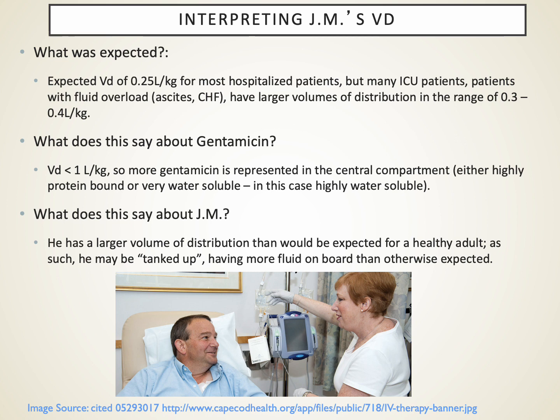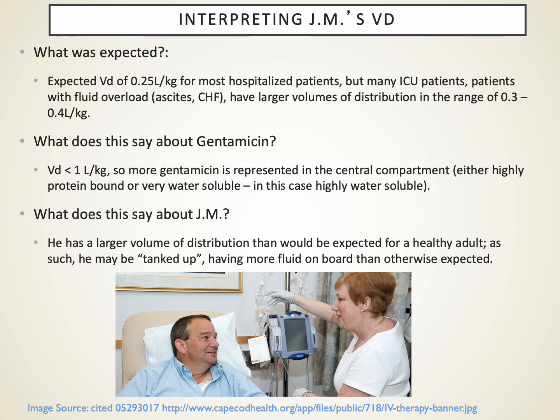Now, in practice, you don't really probably need to get to this level of detail, but it's important to recognize that not every patient is going to respond identically to the same dose we give, because a patient may have more or less fluid on board, they may have more or less tissue binding, they may have more or less albumin for binding drugs. And so the population average for a volume of distribution isn't the same as the individual patient's volume of distribution.